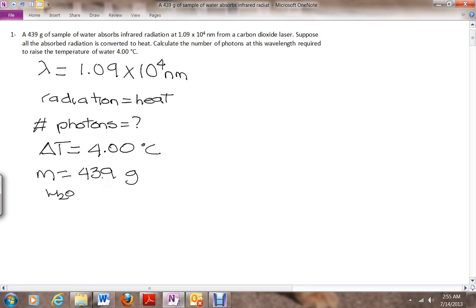So they're giving you mass, and a change in temperature, an increase of 4.00 degrees Celsius.